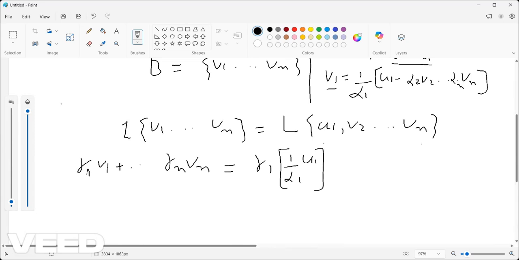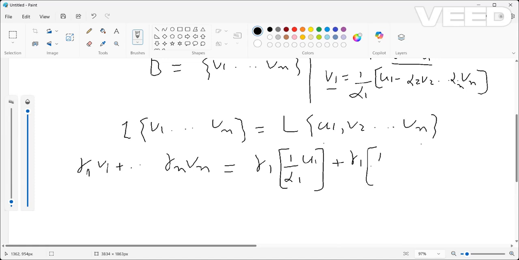and then gamma 1 times 1 over alpha 1 times minus alpha 2 v2 and so on. So this is the u1 coefficient, and then v1 is getting multiplied, right?